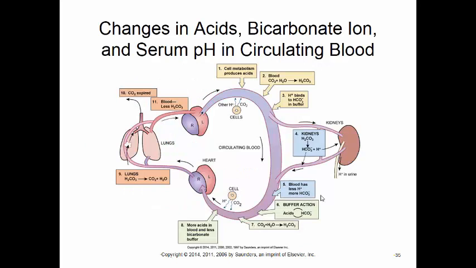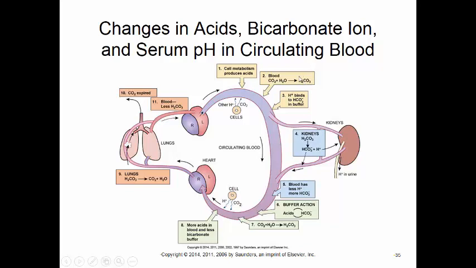Here's a really good image that shows changes in acids, bicarbonate, and serum pH. If we start here at number 1, we can see cellular metabolism produces acids, and the acid is in the blood. The blood has carbon dioxide and water, and that produces carbonic acid.